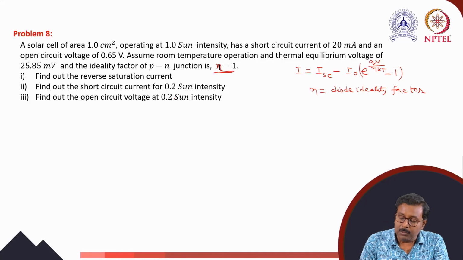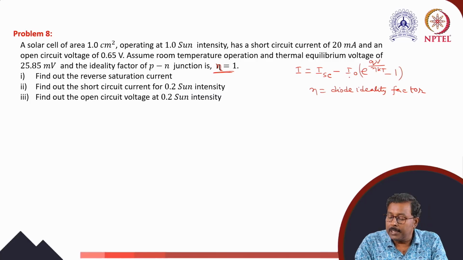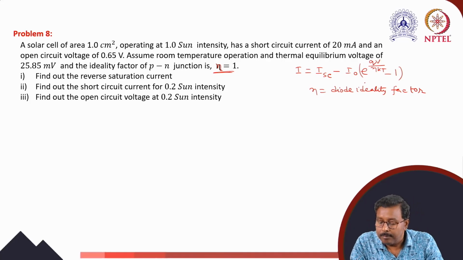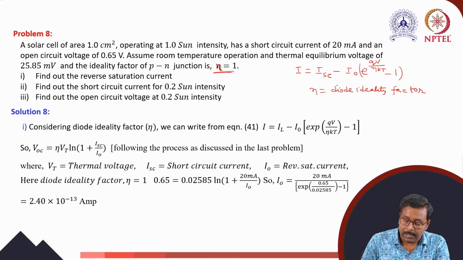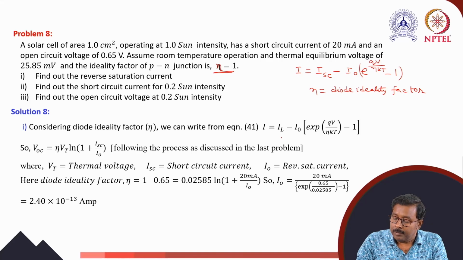Find out the reverse saturation current. Reverse saturation current is I0 here. ISC is given. VOC is also given. IL, the light current we have used in our equation, equation number 41, IL is equal to IPH, which is nothing but ISC.